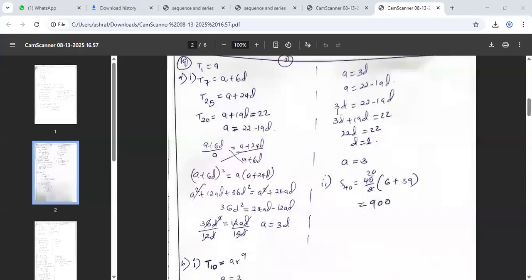Any question in Roman 1? Yes, Evans? Unmute yourself.